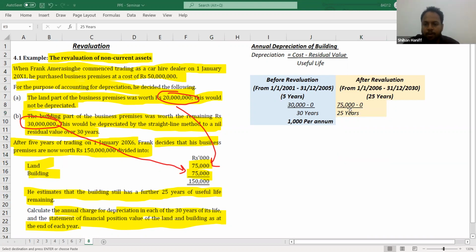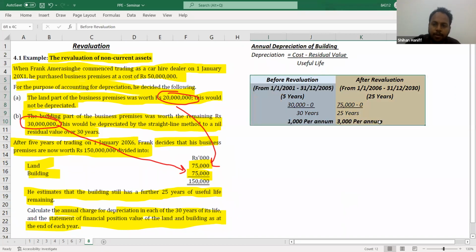So after the revaluation, the depreciation per annum is 3,000. Okay. So we can find out the depreciation: first 5 years, 1,000 per annum; next 25 years, 3,000 per annum. So this is the most important part, calculating the depreciation for the first 5 years and the next 25 years. Any doubts on this?